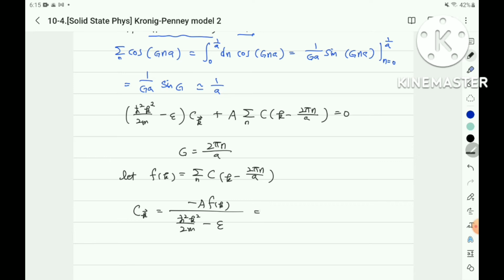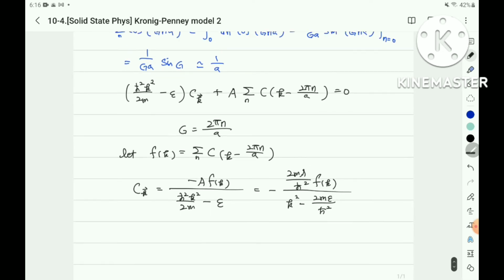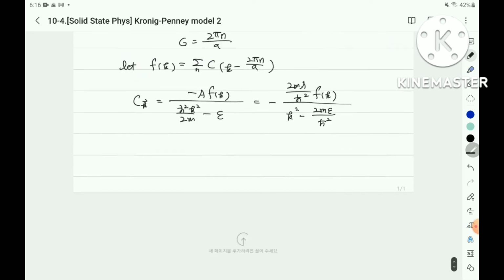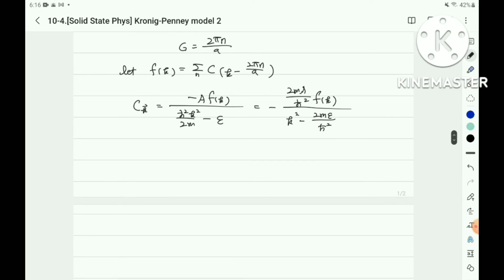Then when you multiply by 2m/ħ², it is minus 2mA/ħ² f_k over k² − 2mε/ħ².